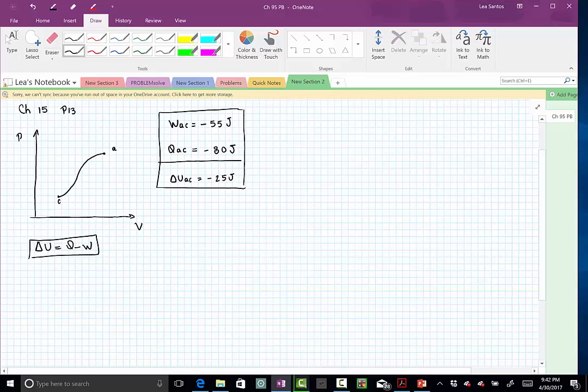What else do they give us? They say that the change in internal energy as I go in the path from A to B, so let me make this path here, this is my point B, this change in internal energy, UB, which is the final, minus UA, so I can also write this as delta U AB, is equal to minus 10 joules.